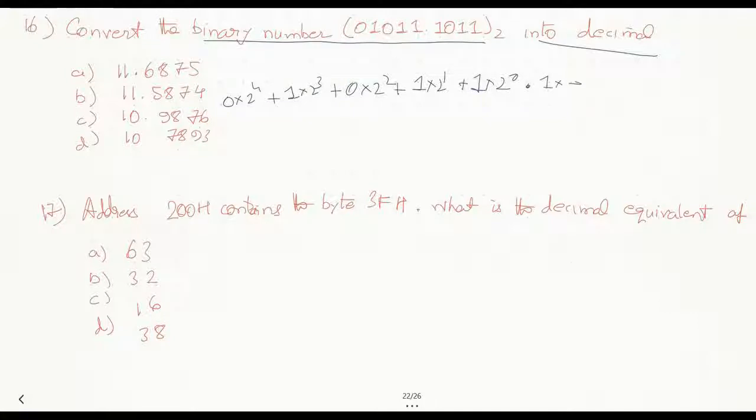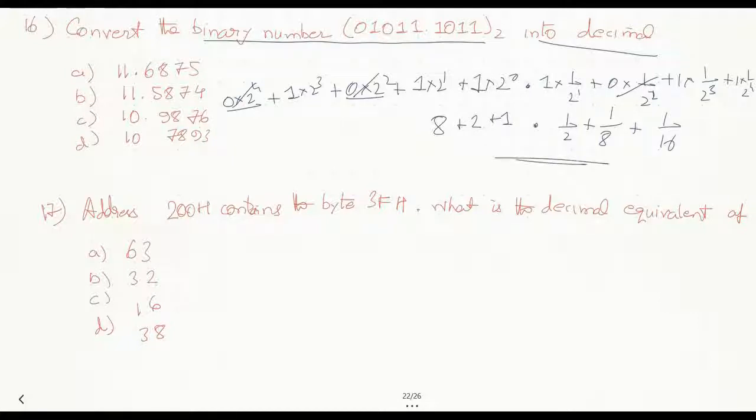So 1 times 2 to the power -1 plus 0 times 2 to the power -2 plus 1 times 1 by 2 cube plus 1 times 1 by 2 to the power 4. And after evaluating, this will be: 1 plus 2, this is 0 so it will just cancel out. 2 to the power 3 is 8, this will evaluate to 1 by 8, and this will evaluate to 1 by 16.